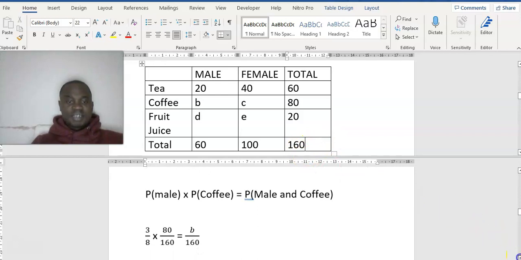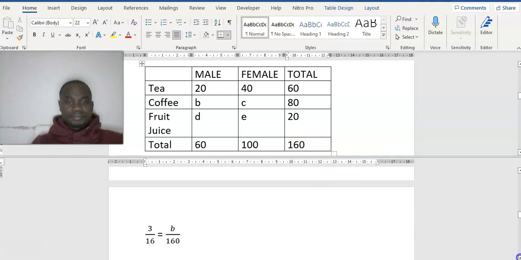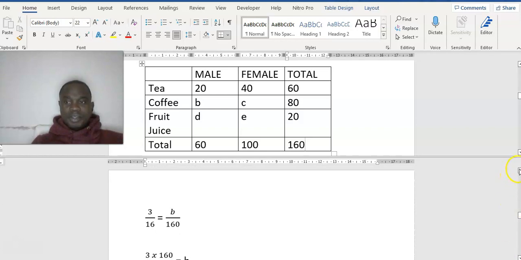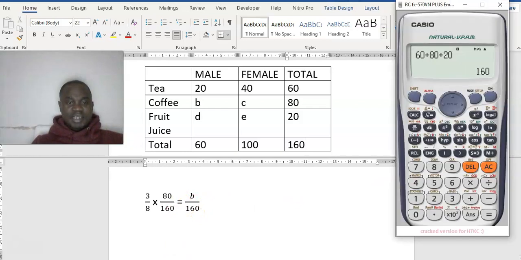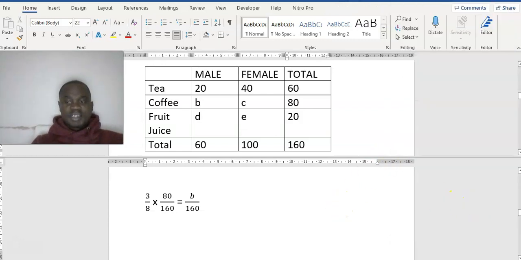If I simplify this, if I press this on the calculator, what am I going to get? I'm going to get 3 over 8 times 80 over 160, which is going to give us 3 over 16.